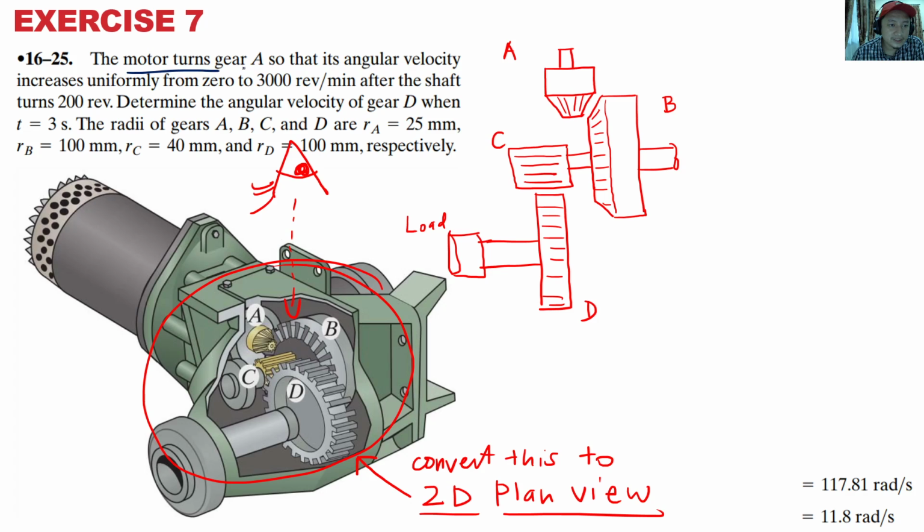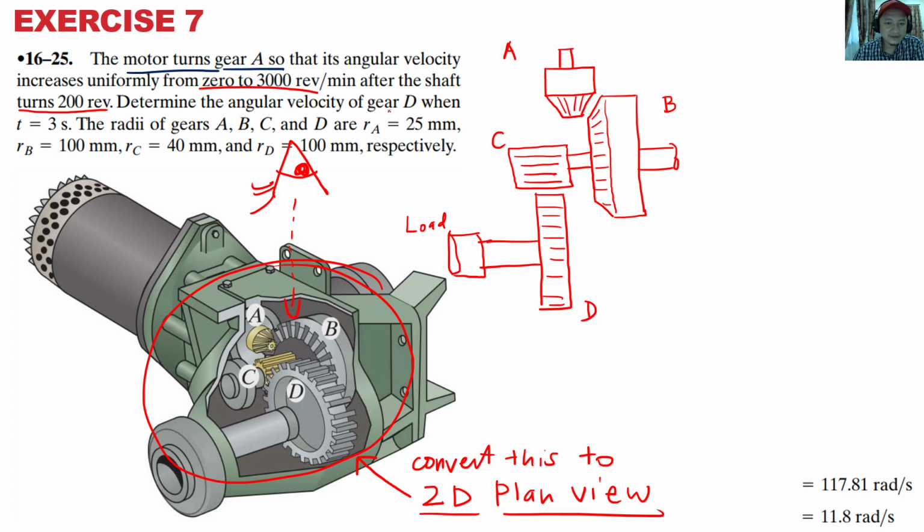The motor turns gear A so that its angular velocity increases uniformly from 0 to 3000 RPM after the shaft rotates 200 revolutions.